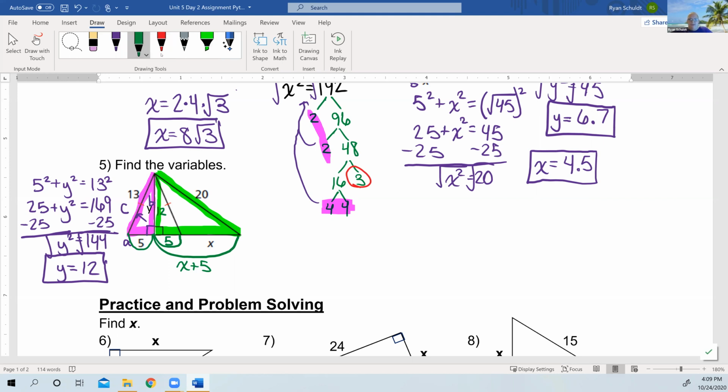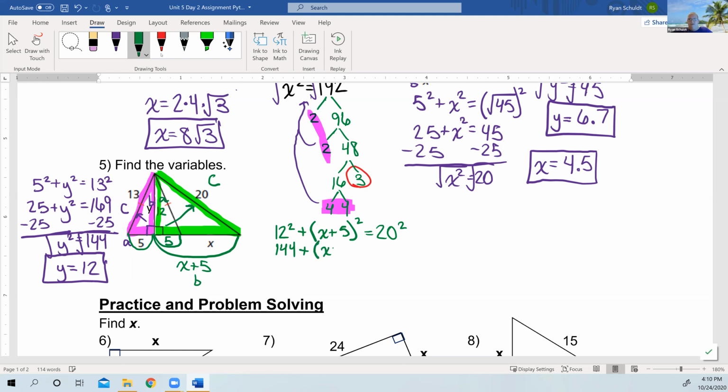So that means that side is going to be my C, 12 is my A, x plus 5 is my B. So I'm going to have 12 squared plus, I'm going to put the x plus 5 in parentheses and square it, equals 20 squared. 12 squared is 144 plus.